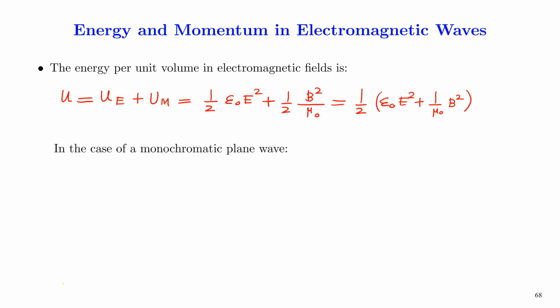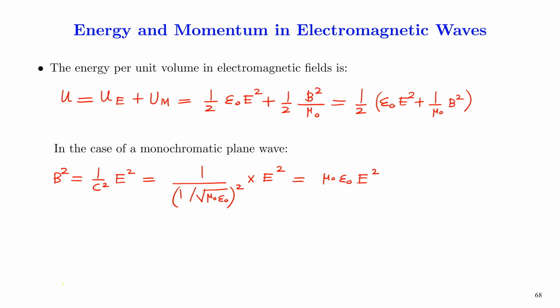In the case of a monochromatic plane wave, we have B square equal to 1 over c square times E square. And when we substitute for c square, that is 1 over square root of mu 0 epsilon 0 the whole square, this equation becomes mu 0 epsilon 0 times E square.